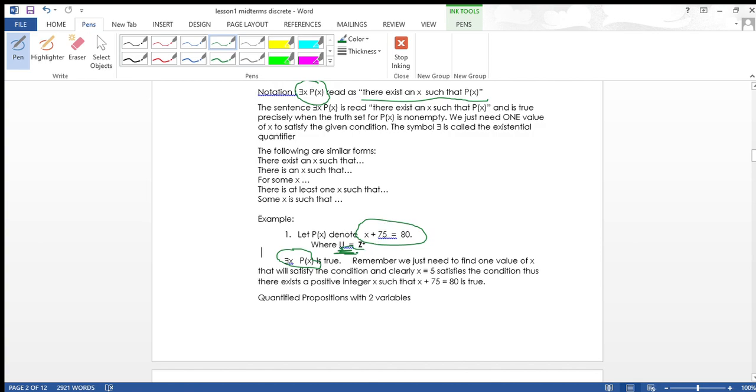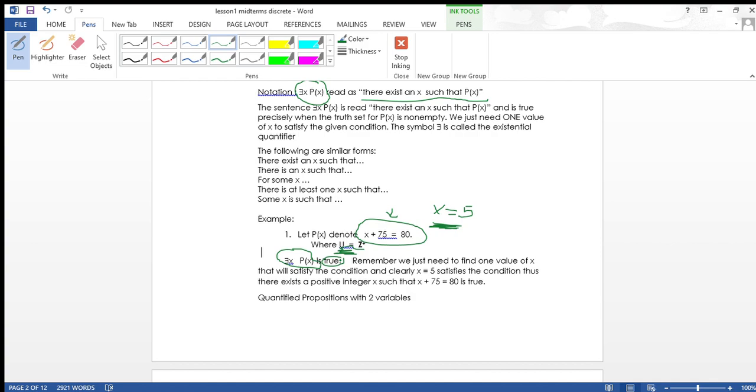Since we are looking at the set of positive integers, clearly if x is equal to 5, this equation will be true. Since we were able to find a possible value of x that satisfies this equation, the proposition now becomes true. So that's the existential quantifier. We just need one value from the universe of discourse to satisfy the given condition.